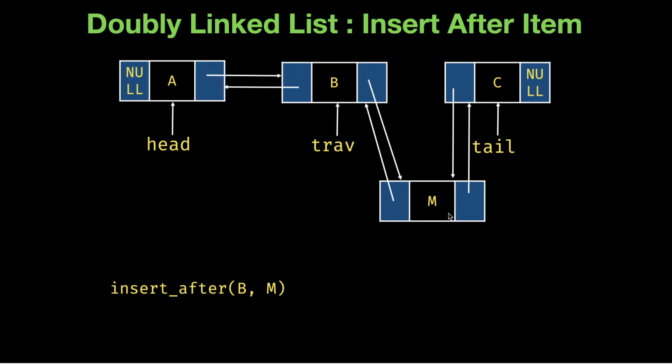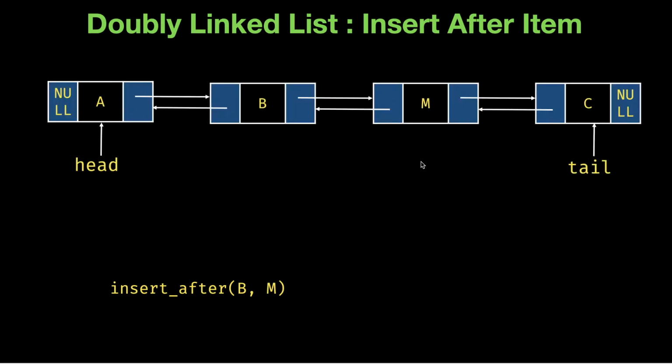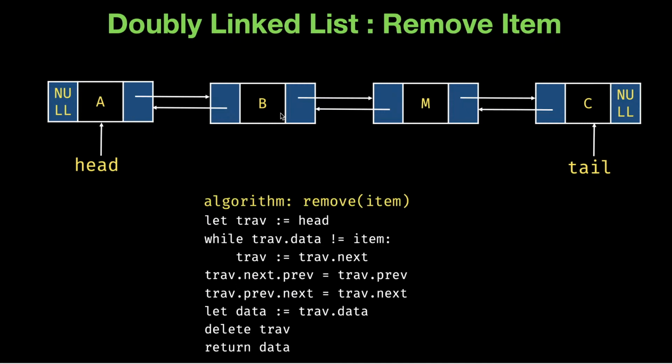Basically we are inserting it between b and c, right? So these pointers are manipulated, and now we can clearly see m has successfully been inserted into our linked list, and this algorithm is clearly O(n), because to reach b we have to sequentially traverse from the head until we reach b.